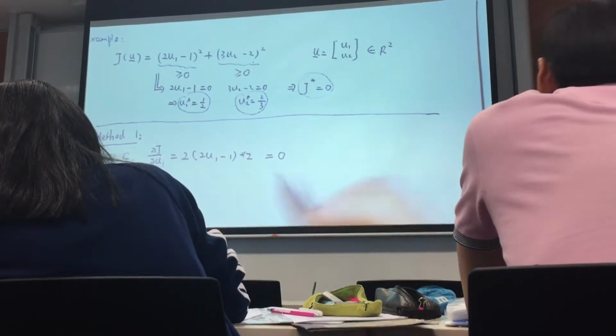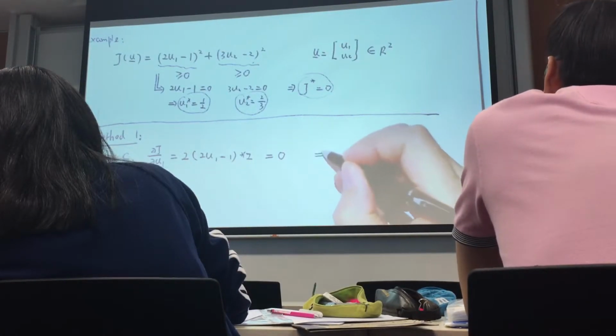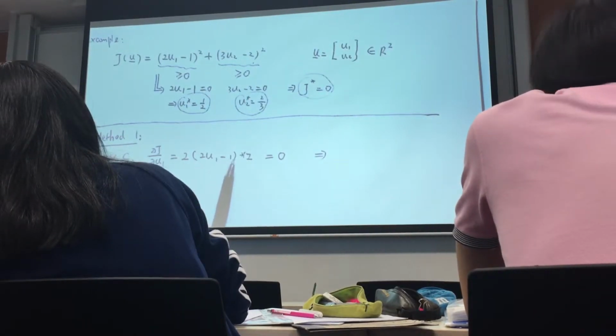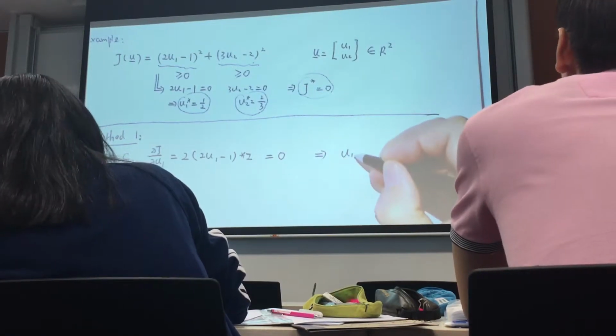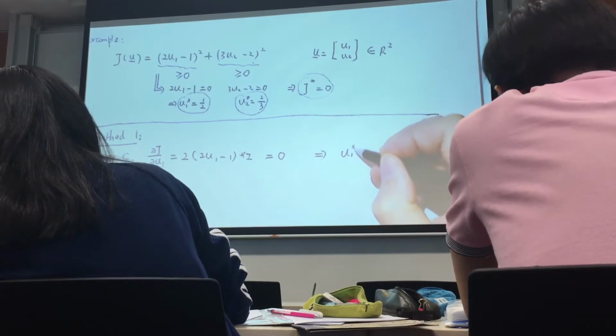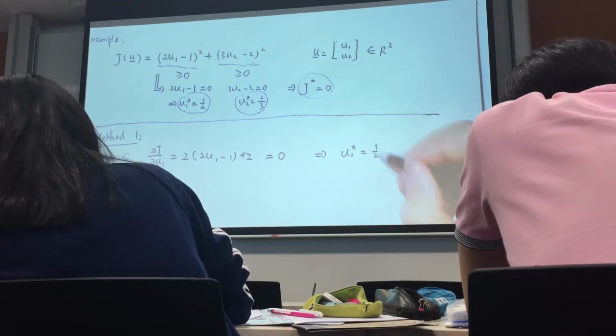So 2u1 minus 1 equals 0, and from here we get u1 star equals a half.